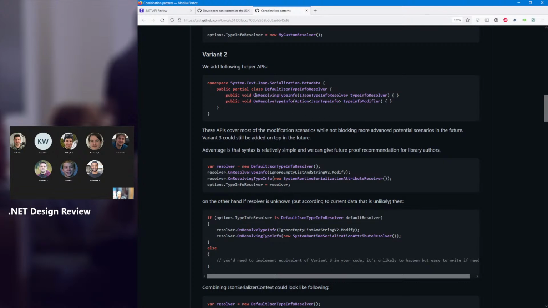Yeah, basically, if this was a property list of JSON type info resolver external resolvers, then they can call add, remove, insert, etc. Having it as a list, I think, would be the most powerful in the sense that you control your own ordering.